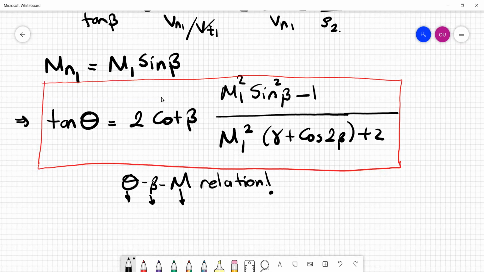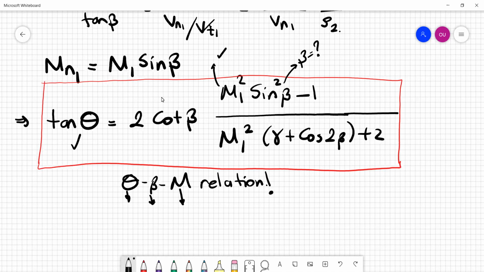The thing is, the unknown here is, as you can see, I mean, what are the inputs? Generally, my flight vehicle is an input, the geometry. I know it's probably a shape, or I'm trying to design its shape. I'm trying to determine theta, or for a given flight vehicle, let's say, I know theta. And if somebody says, okay, this aircraft is going to fly at this altitude and Mach number, so I know M1, the unknown in this equation is beta, the shock wave angle.